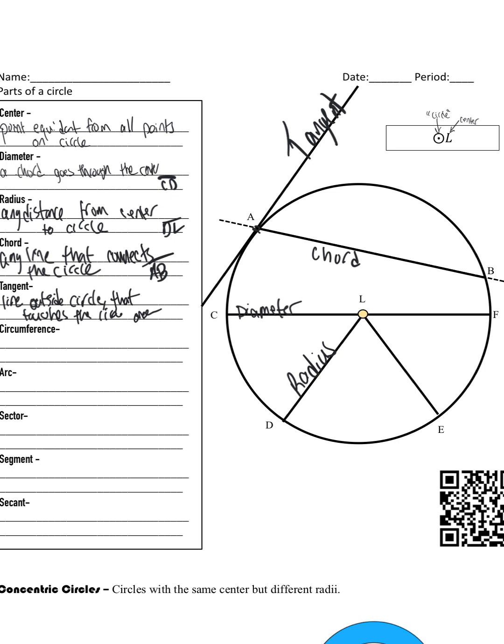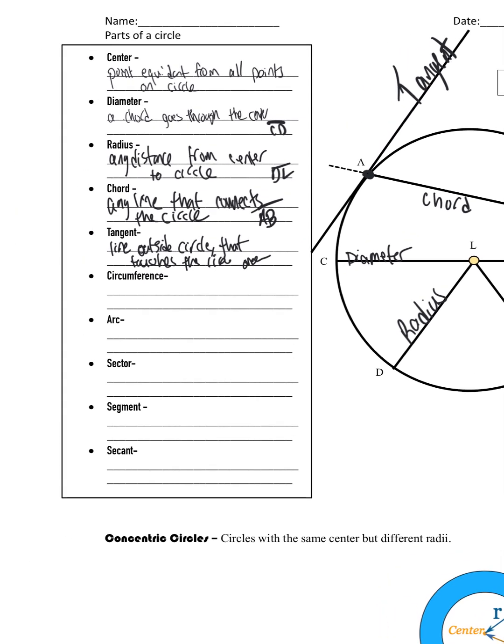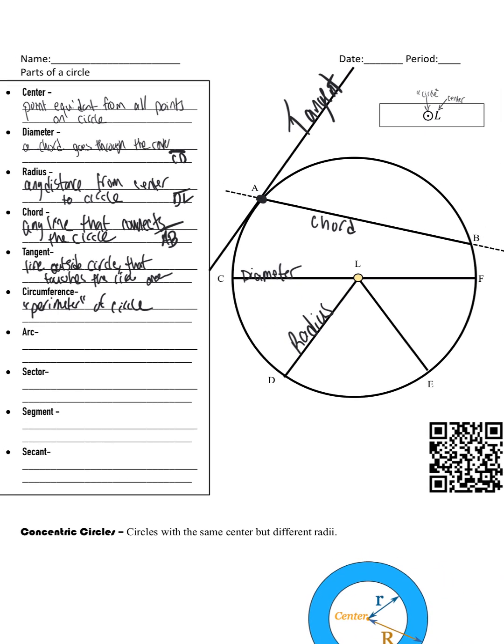So it just touches right there at A, so that's why that is a tangent line. Now my next one is the circumference. So essentially that is what we call the perimeter of a circle. So that goes all around the circle. So again, just visually, your perimeter is just all around the edge. We talked about that earlier in the year.